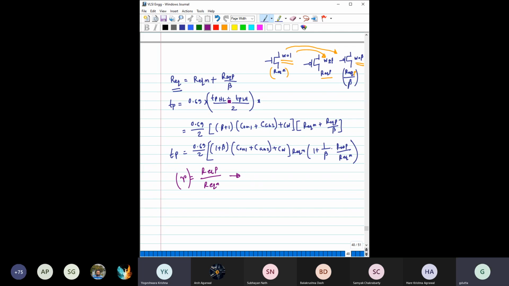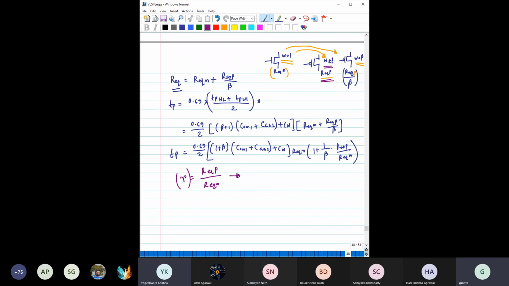Because how have we defined R equivalent P? If the resistances are equivalent P, what is the width of the transistor? It is 1. So R equivalent P by R equivalent N is basically 1.